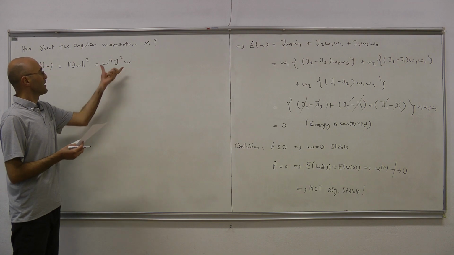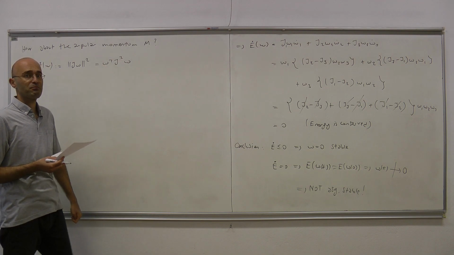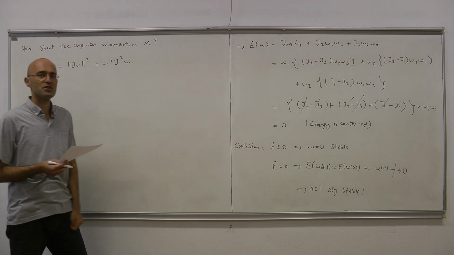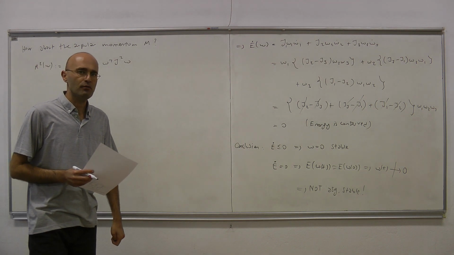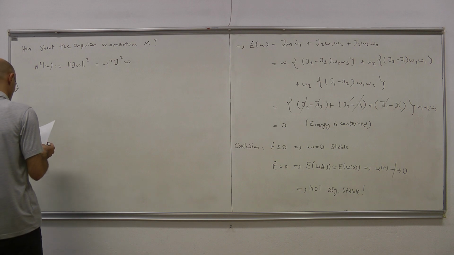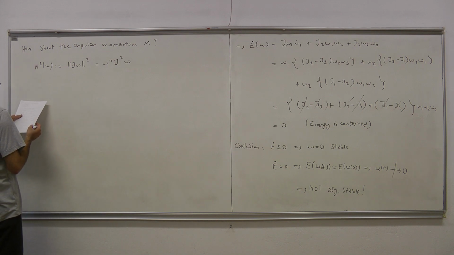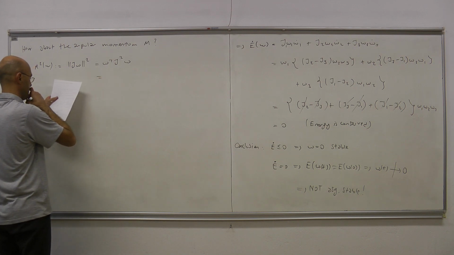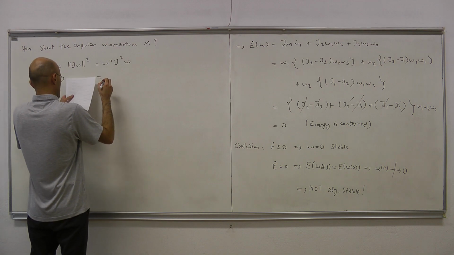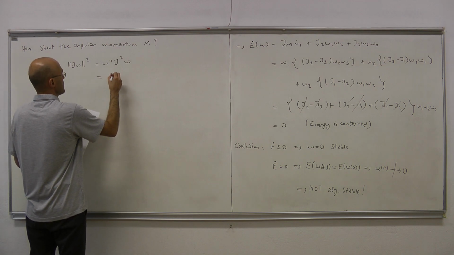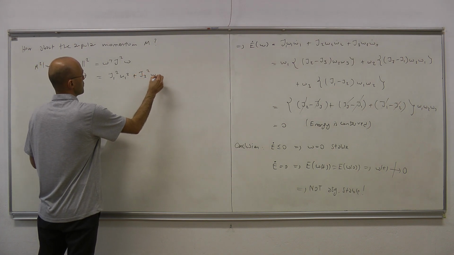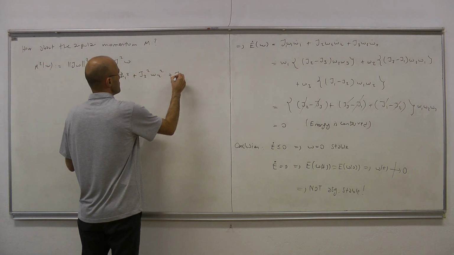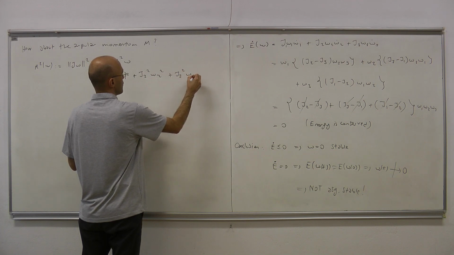Clearly this too is a positive definite function, and let's see what happens if you use it as a Lyapunov function candidate. And this can be written as J1 square omega 1 square plus J2 square omega 2 square plus J3 square omega 3 square.